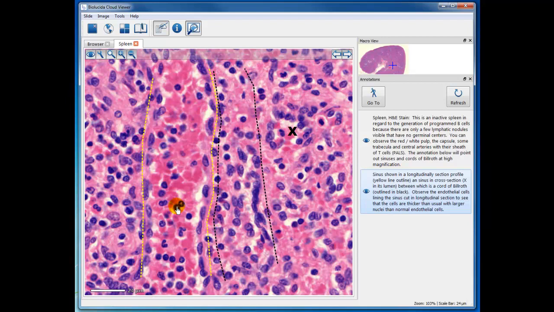Okay, let's go to this annotation where I have found and annotated for you a sinusoid with red blood cells and different white blood cells within it, and then along here you have the endothelial cells of the sinusoid.